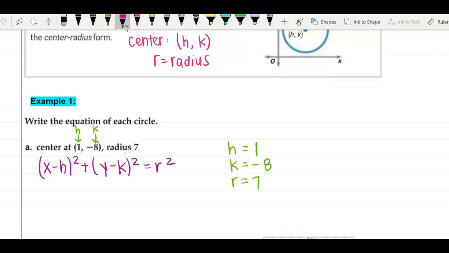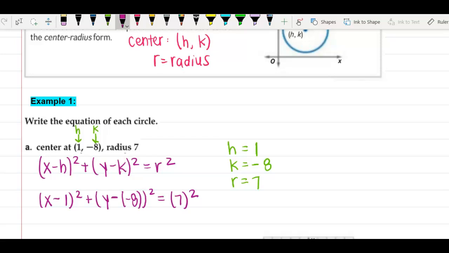When I plug these into our equation, we would have x minus what h is, which is 1, squared, plus y minus whatever k is, which happens to be negative 8, squared, equals whatever our r was, squared. Once we plug everything in, we're just going to simplify.